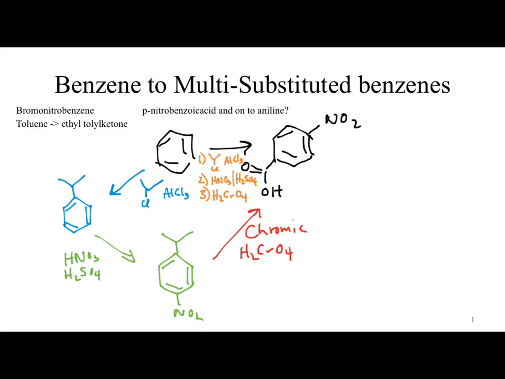HNO3 and H2SO4, how does that make our electrophile? What type of chemistry happened in here to make our NO2+, our nitronium ion? Acid-base chemistry. So our acid-base chemistry that we looked at so long ago is showing up. We've got our redox chemistry up here.